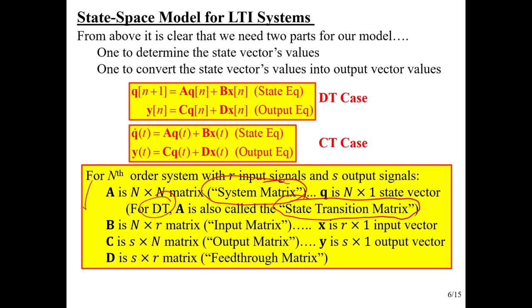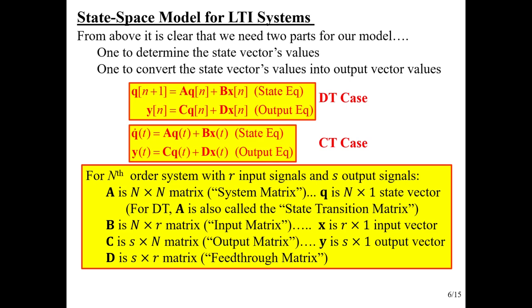So you may hear me refer to it as that, because it tells us for discrete time how the state transitions to the next state. Continuous time, it doesn't quite work that way. So it's the system matrix for both, or for discrete time, it could be system matrix or state transition matrix.